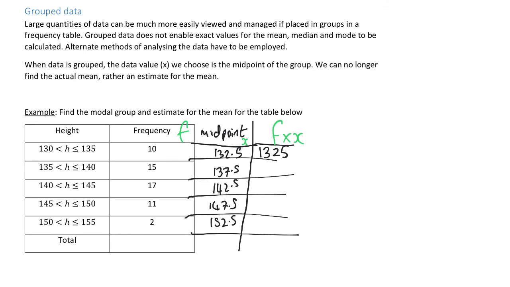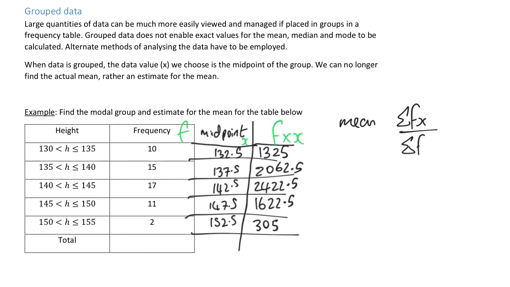And then 15 times 137.5 is 2,062.5. Then we get 2,422.5, 1,622.5, and 305. So for mean, it's sigma fx divided by sigma f.